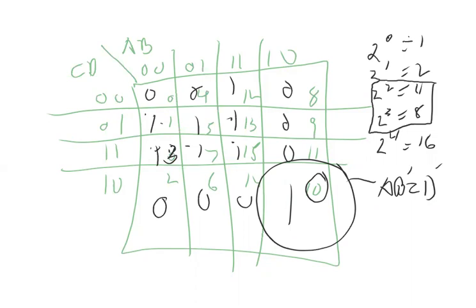So we got one loop there. What about the biggest loop I can make here with the element 12? 12 and 13. And what do we call that one? ABC prime. You bet.